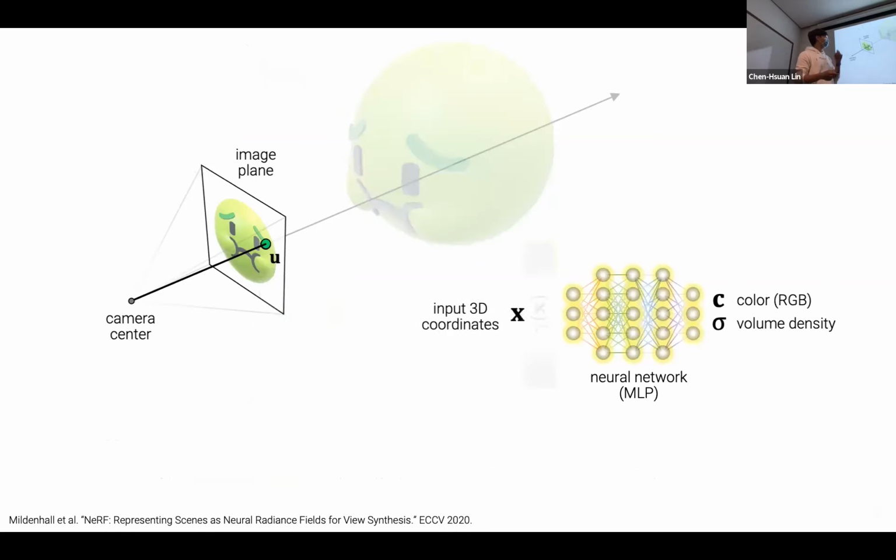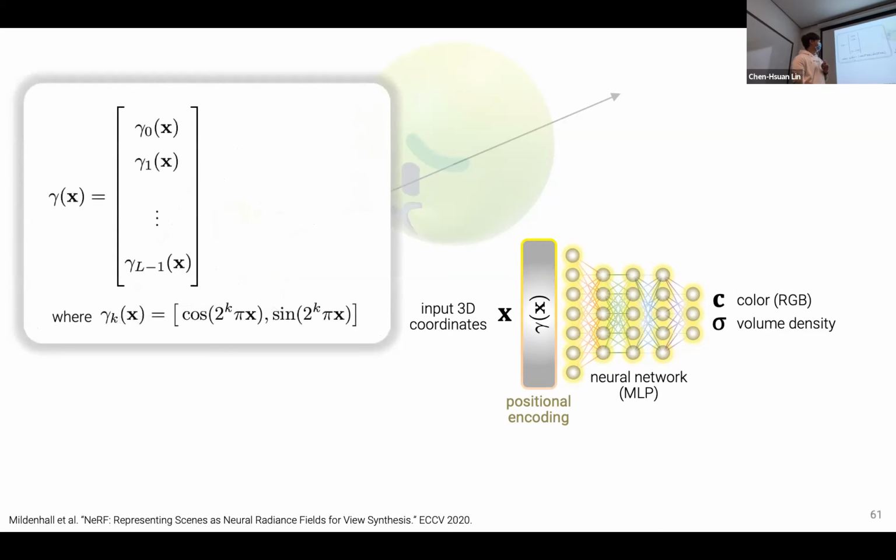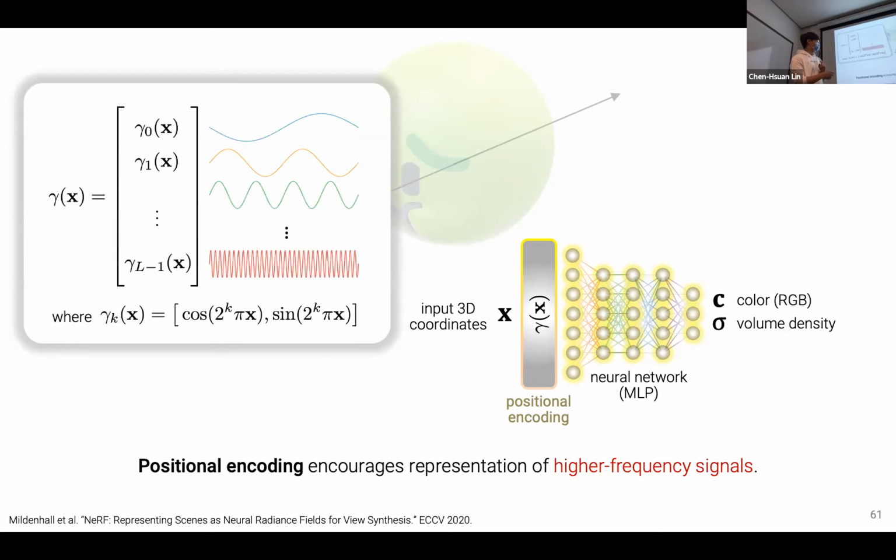Now a very secret recipe of why NeRF can learn photorealistic rendering is the use of positional encoding. What positional encoding does is map every 3D coordinate to some higher dimensional space that consists of sinusoidal basis functions of different frequencies, so that it learns to represent the entire scene using different sinusoidal basis functions.